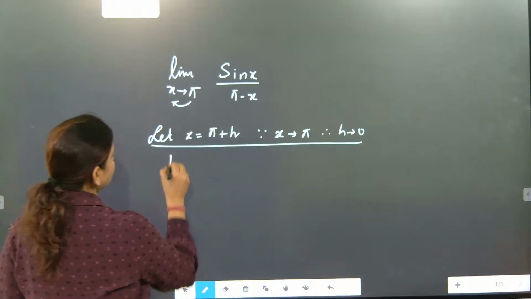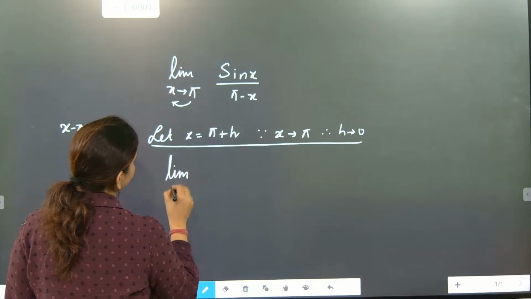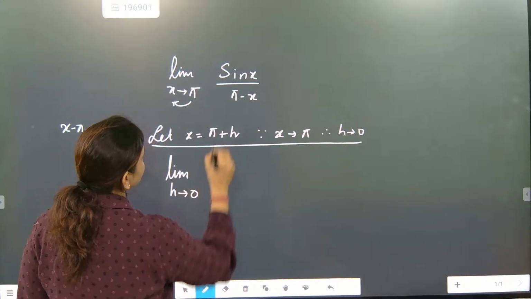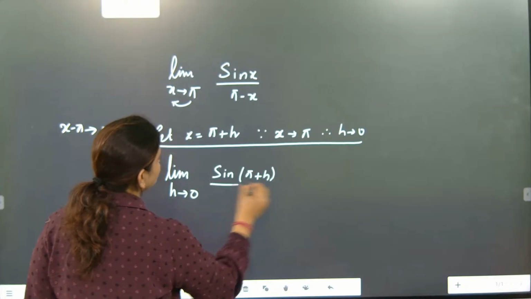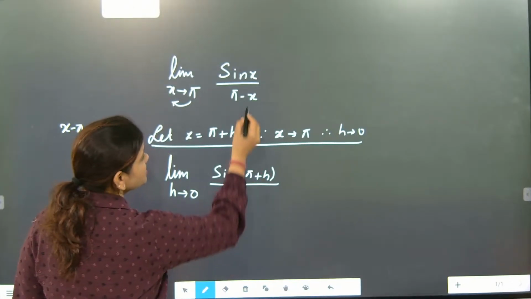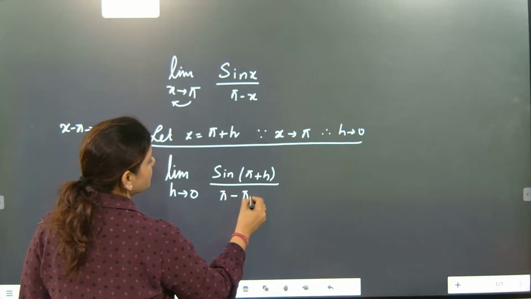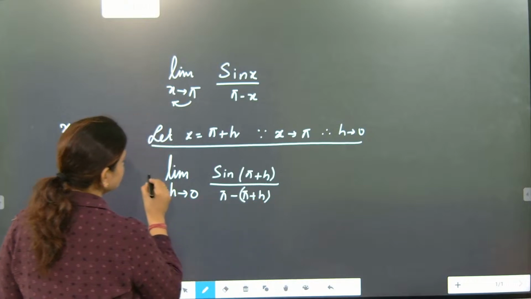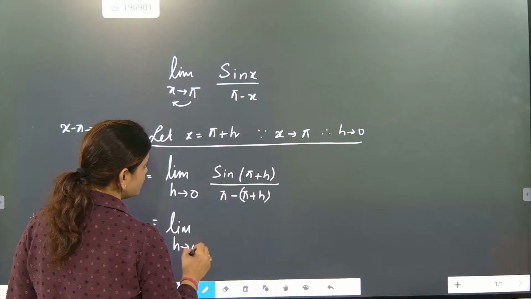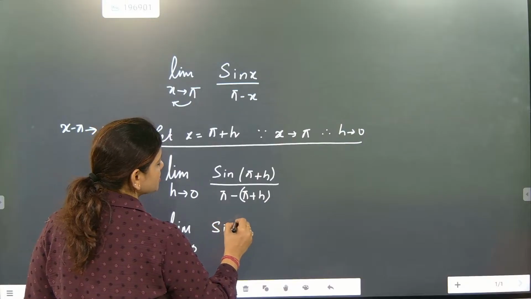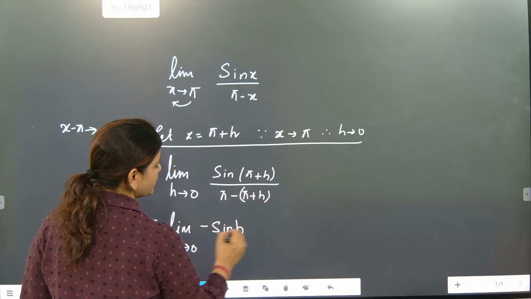So now what we are going to write? Limit h tends to 0. Now here it will become sine of pi plus h, and in the denominator, where x is there, you are going to write pi plus h. So next it will become limit h tends to 0, sine of pi plus h is minus sin h.